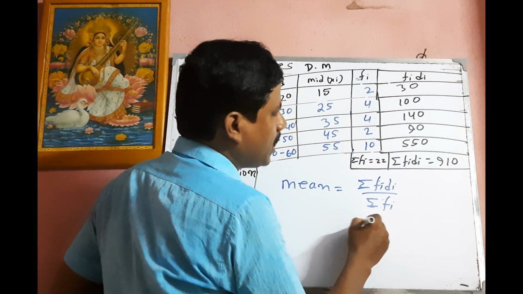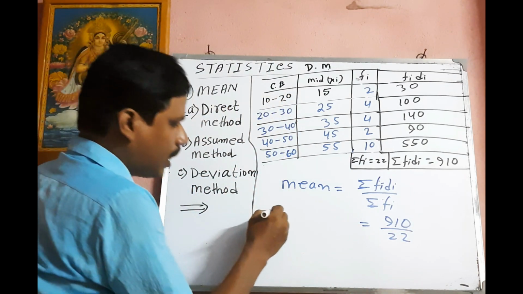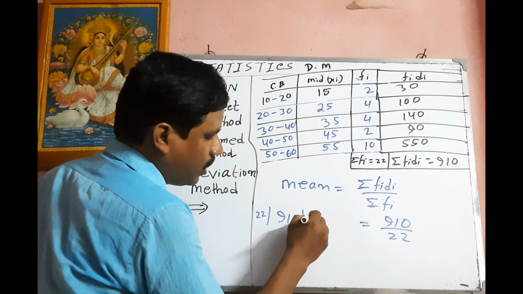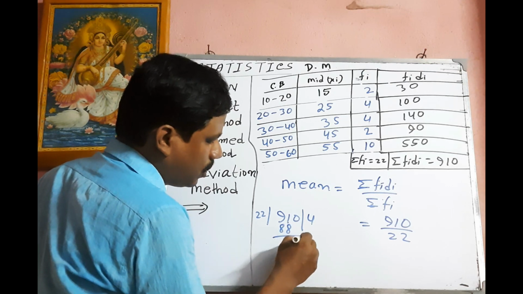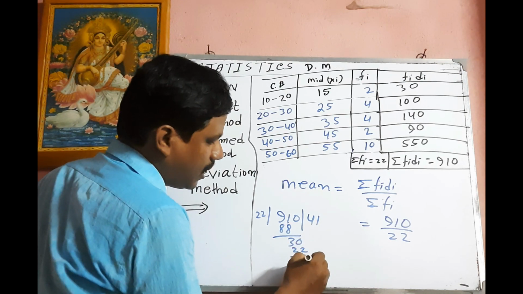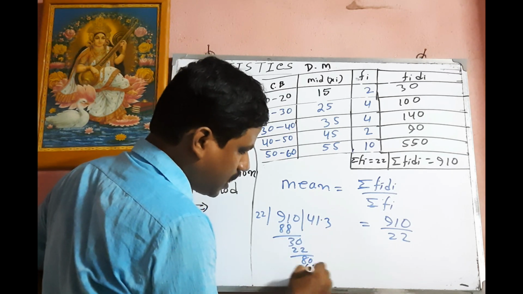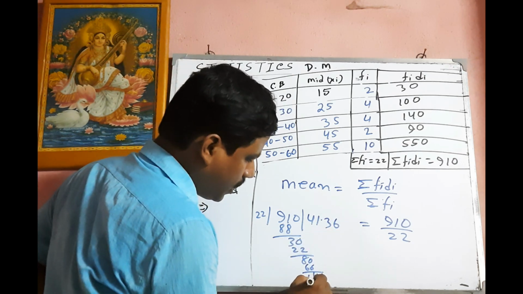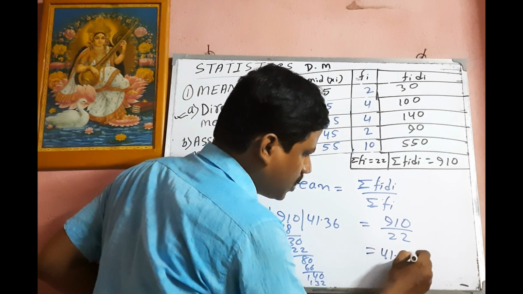Putting the values, 910 divided by 22, we get 41.36.